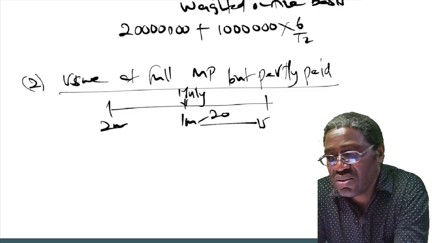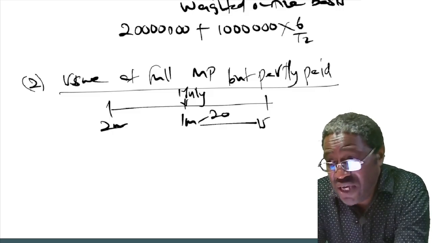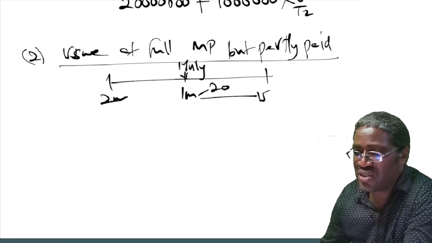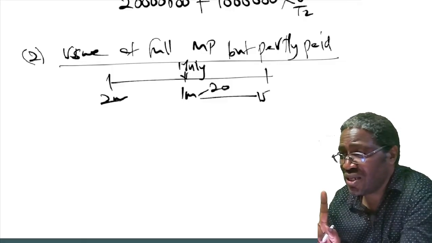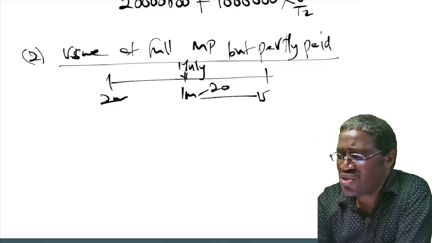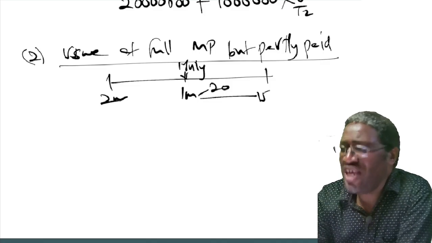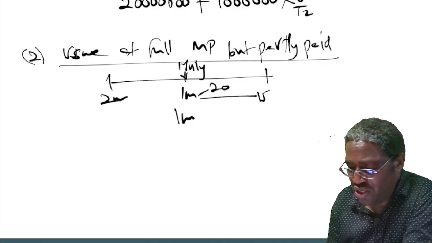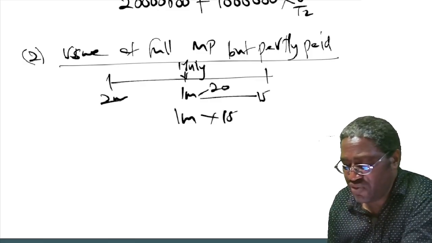Somebody else? When shares are issued at full market price, but they are partly paid. Okay. Let me explain it. We say you only consider. Listen. Don't write fast. Later I will explain the point. We issued 1 million shares at a price of 20, but these guys paid me only 15 shillings.